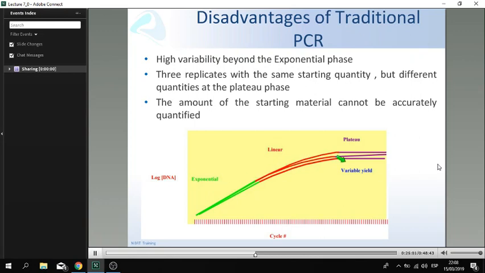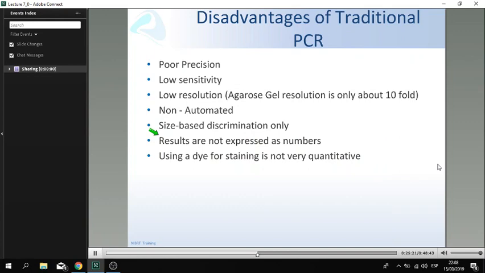But as we go through the linear phase and plateau phase, they separate. Even though we started with the same amount, they actually contain different amounts of DNA at the end. So the amount of starting material cannot be accurately quantified using traditional PCR.